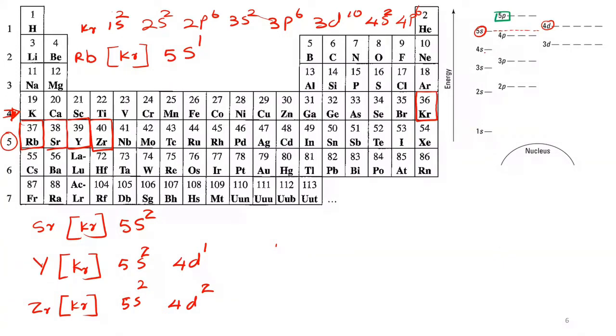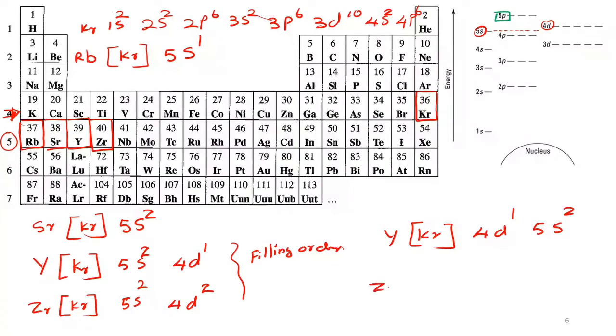So in the filling order, you first fill the 5s, and then you add the 4d, but this is the filling order. And when you're writing in the other order, the proper writing order, write krypton 4d2, 5s2.